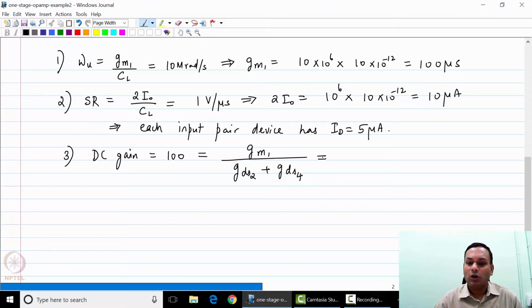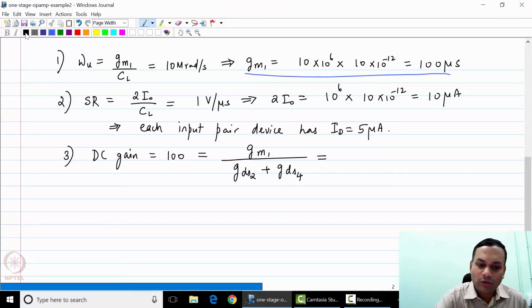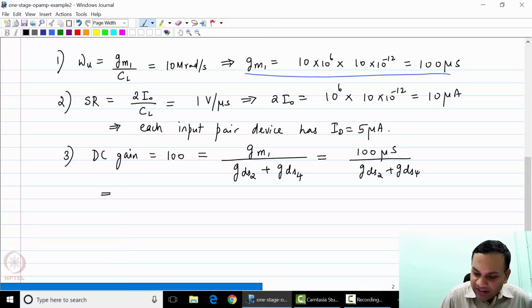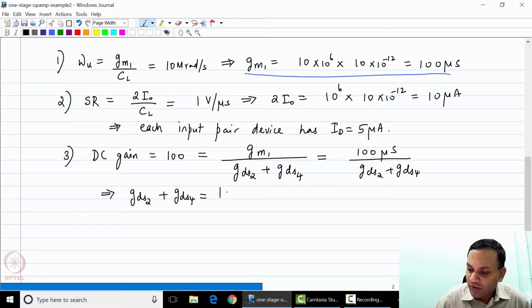Since we have already found out GM1 here, we will plug that in here. So this is 100 microsiemens over GDS2 plus GDS4. And now this tells us that GDS2 plus GDS4 should be equal to 1 microsiemen.